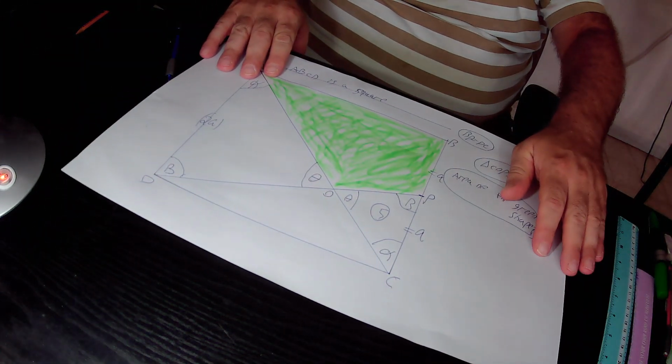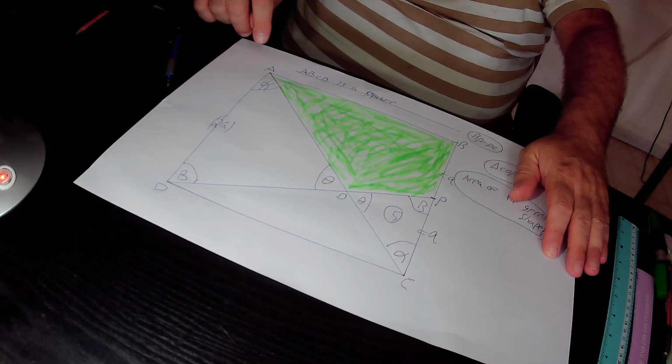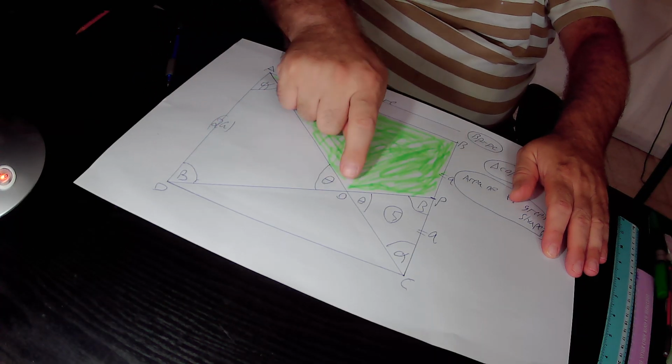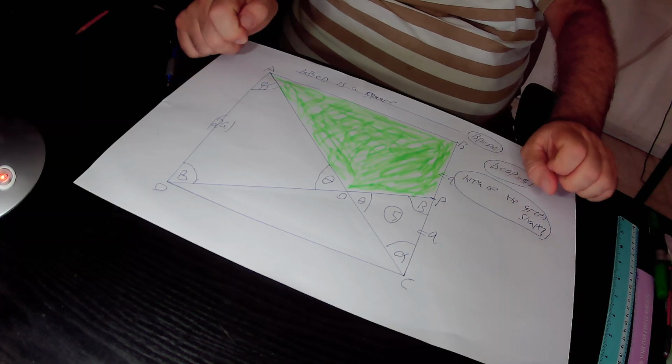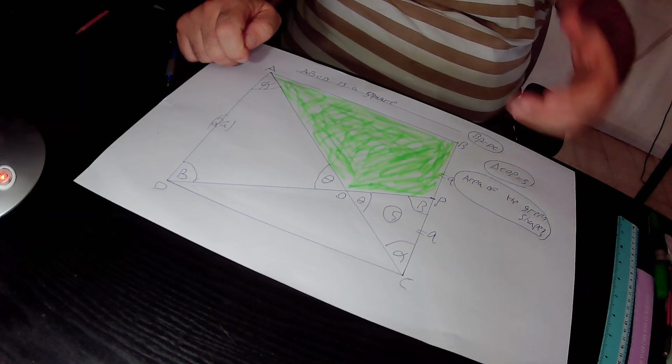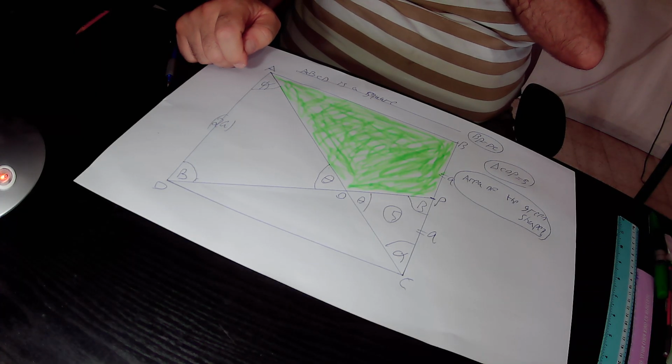Why? Because in our drawing, we found out that the big triangle AOC is similar to the small triangle COP according to the angle similarity rule. Now we can implement rule 22 here.